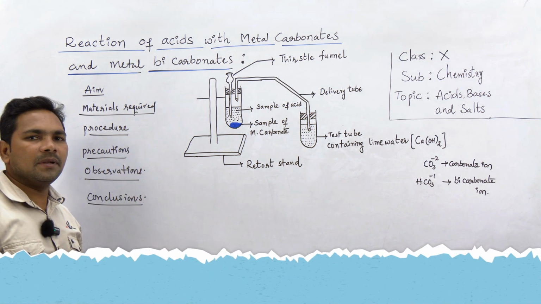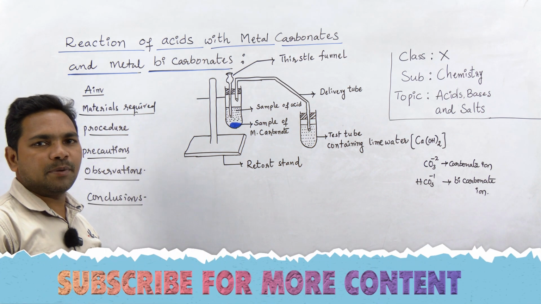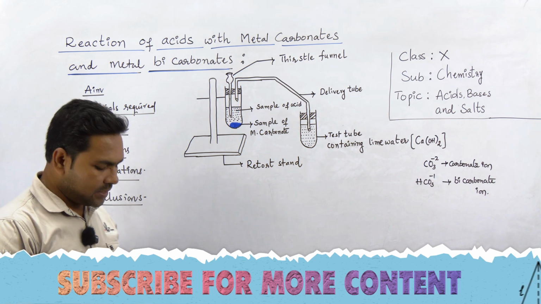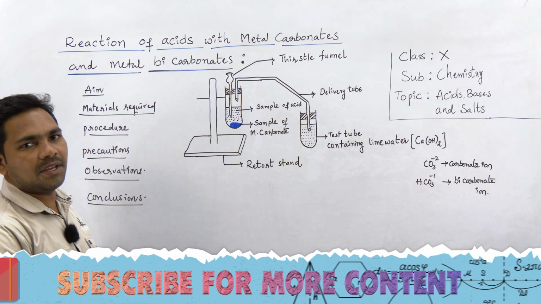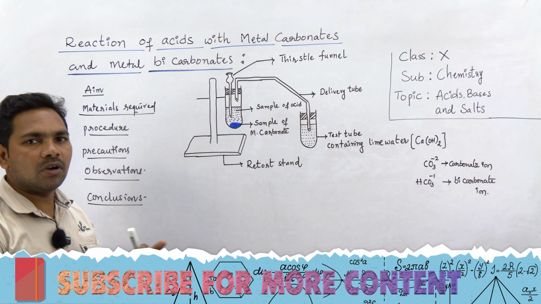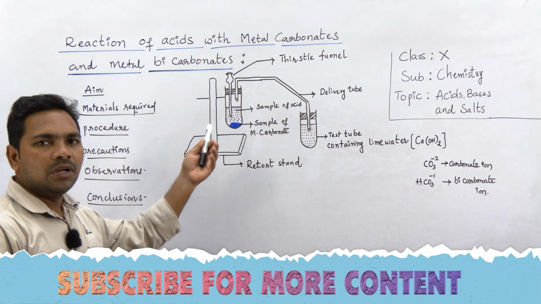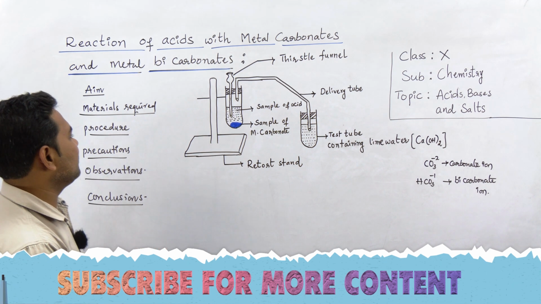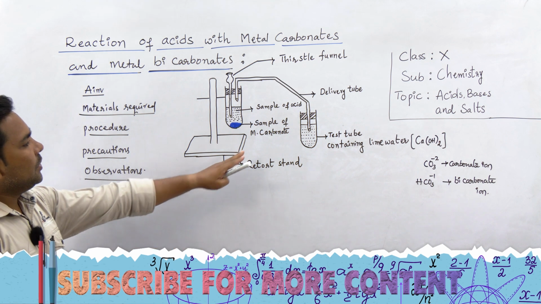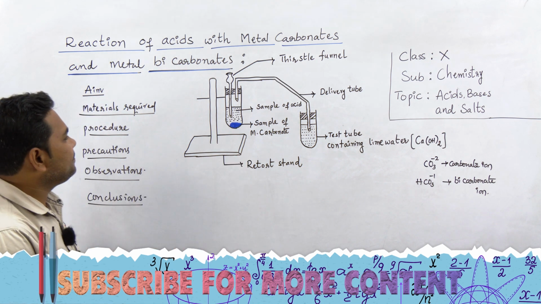These side headings are compulsory while writing any experiment in exams, right? And while performing this activity, we will discuss what precautions are to be taken and the idea of conducting this experiment. For that, you see the diagram, right?